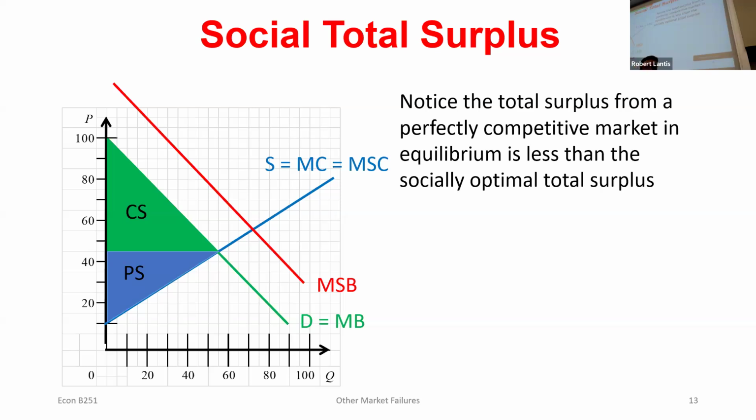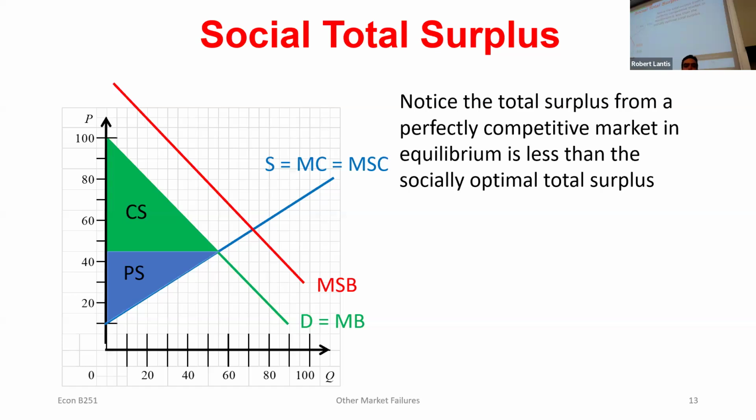What would that look like? Well, what's the difference between my demand curve and my marginal social benefit curve? That represents the external benefit for every unit. If I took that and multiplied it by the number of units the market stops at, 55, that should represent the additional benefit to society.